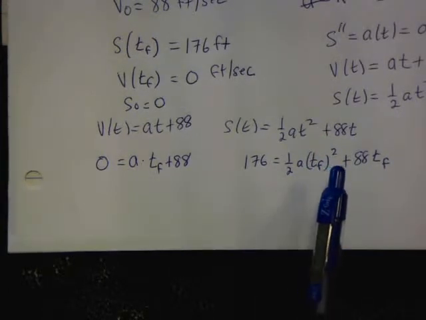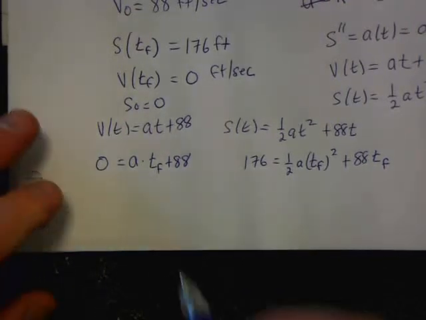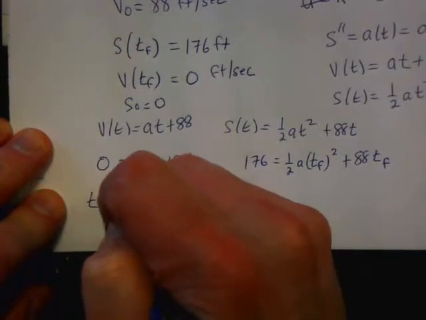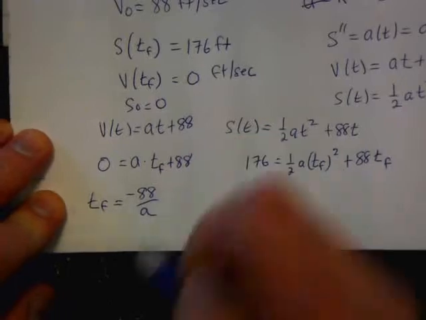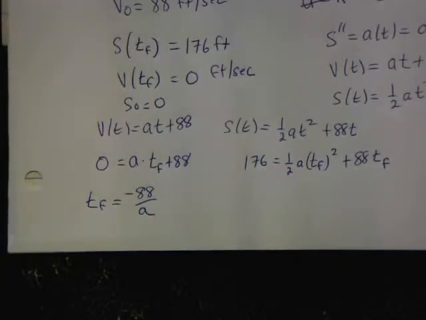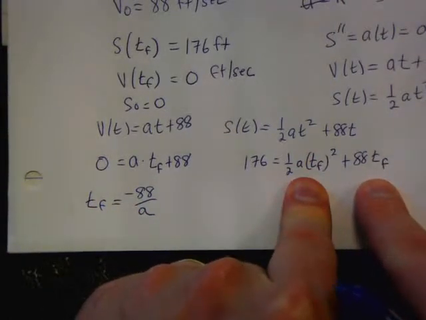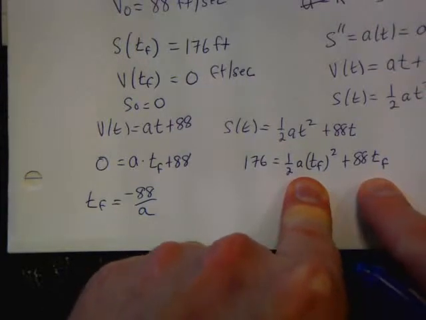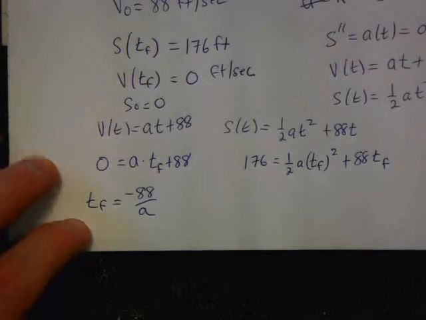So you're going to have to get one in terms of the other. I'll take this one and write T final is negative 88 over a. Subtract the 88 and then divide by the a. I can plug that into this equation, and that will give me only the letter a. I can solve for a, and then plug it back in and get my final time.